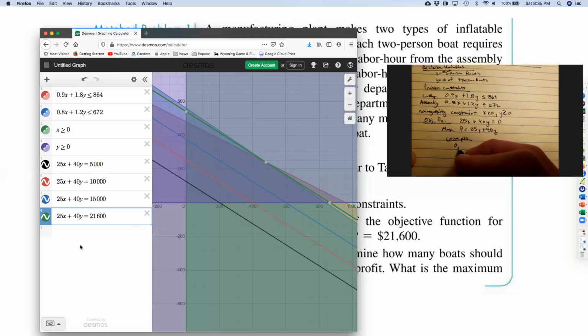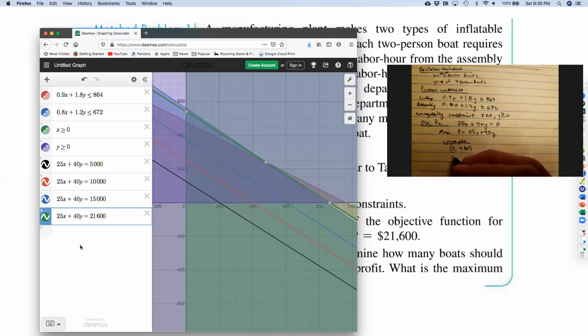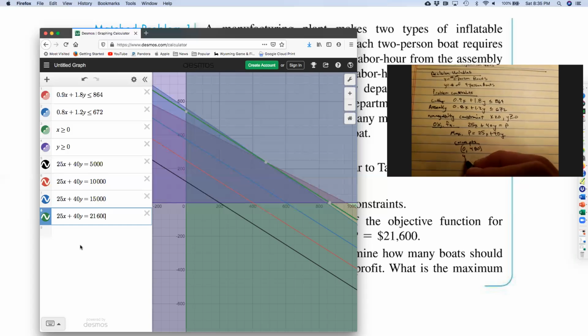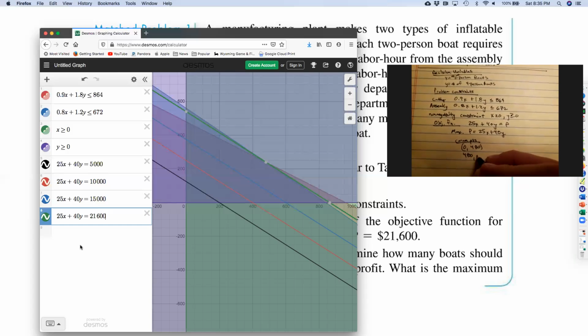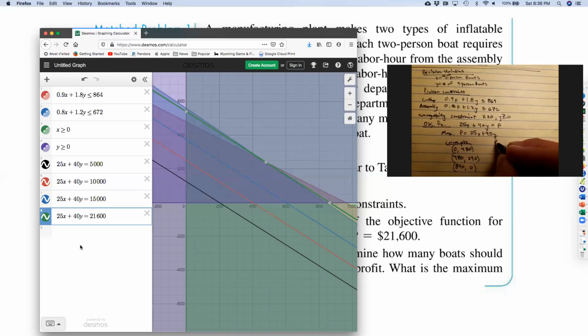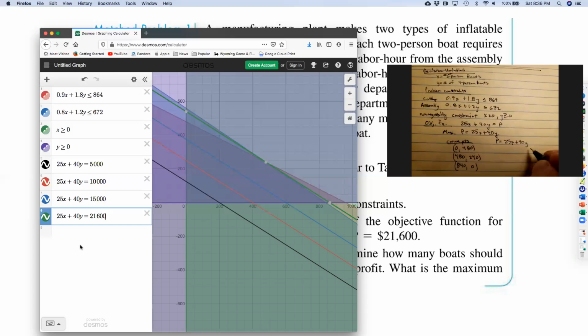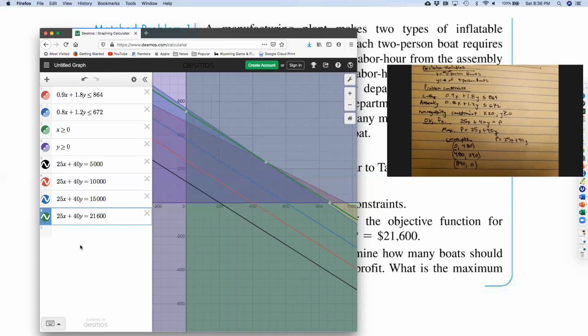Well, 0, 0 is one of them, but I'm not going to bother putting that one in because we know the profit for 0, 0 is 0, right? Then I'll have 480 and 240. And then finally, I'll have 840 and 0. If I put those into the profit function of 25x plus 40y, we'll get the profits associated with each of those values. So let's put those in real quick. So in other words, we do 25 times 0 plus 40 times 480.